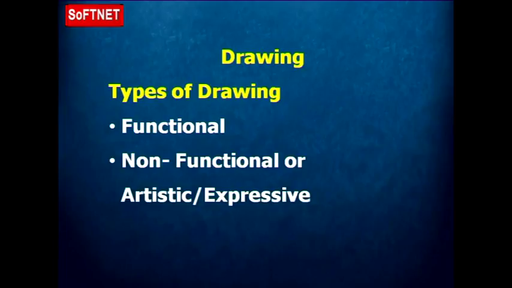So there can be two kinds of functions. We can divide drawing into two types. One is functional, where drawing is used for functional purposes. Another is artistic purpose, right, non-functional, artistic or expressive purpose, where it might serve to express, to give form, to give shape, to give an image to your internal expression, to your emotional expression.